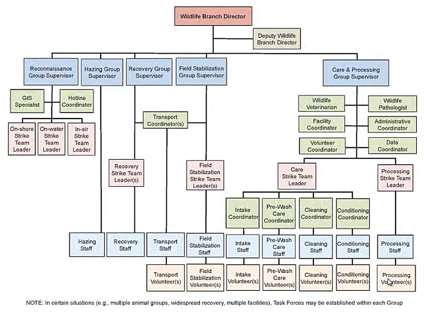But we are a pretty prominent feature within spills and drills, and we have a huge support network underneath us. Here are the groups: the Reconnaissance, Hazing, Recovery, Field Stabilization, Care and Processing, with all the various levels below them. The Oil Wildlife Care Network manages those 4 groups.